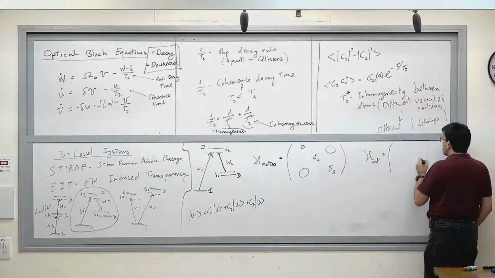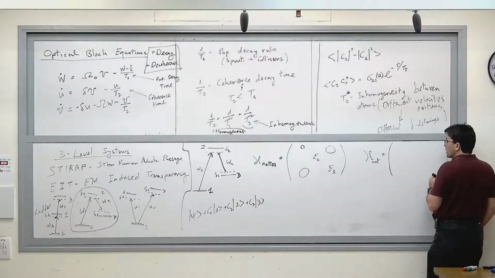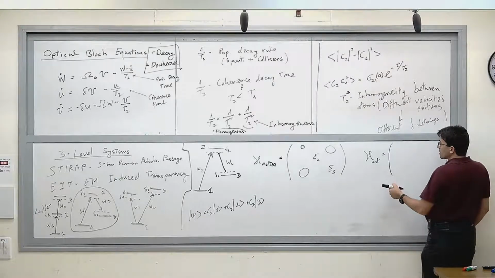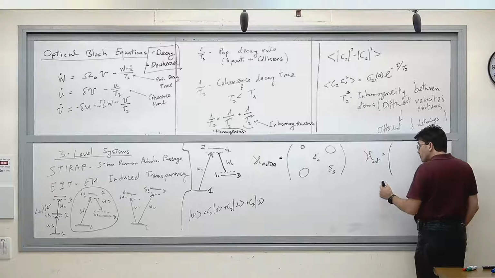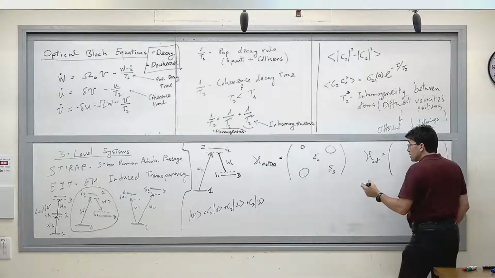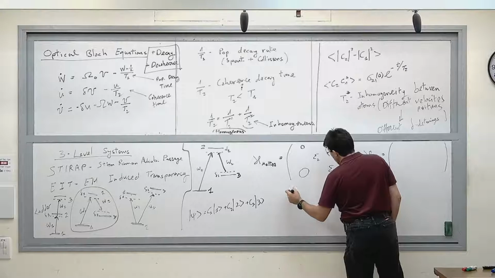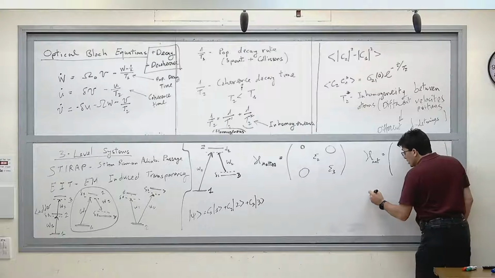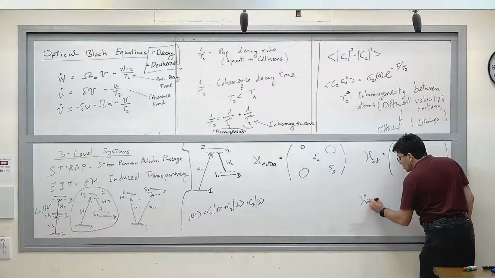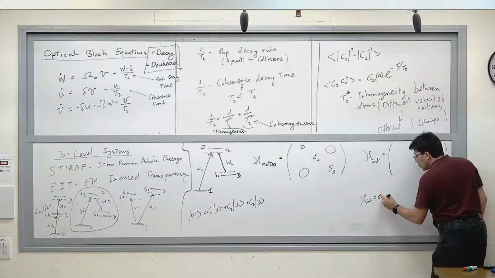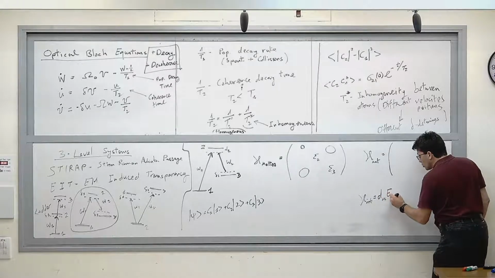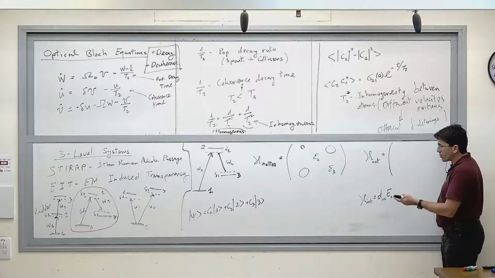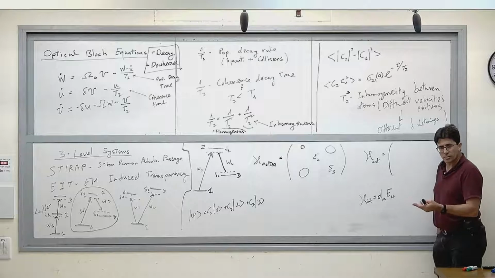Then the answer is, okay, I have a laser. So before we write it as a matrix, let's write it as something. So this interaction Hamiltonian is D12 times E12. Of course, I'm going to divide by h bar because I'm going to take this to be a Rabi rate.